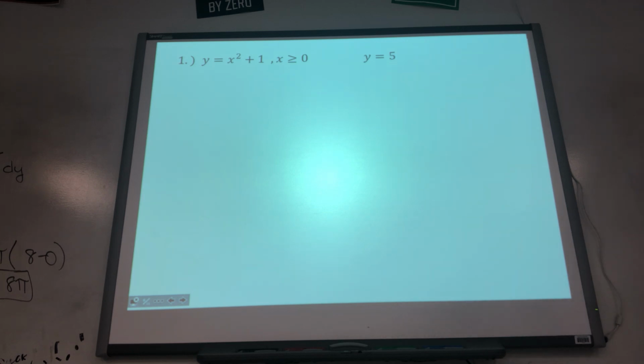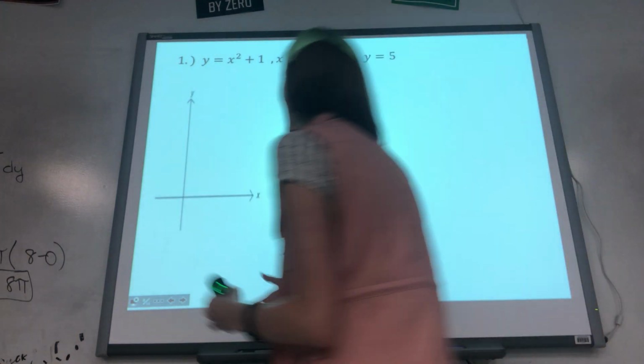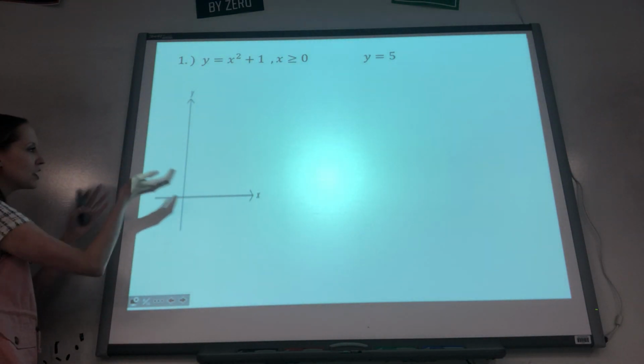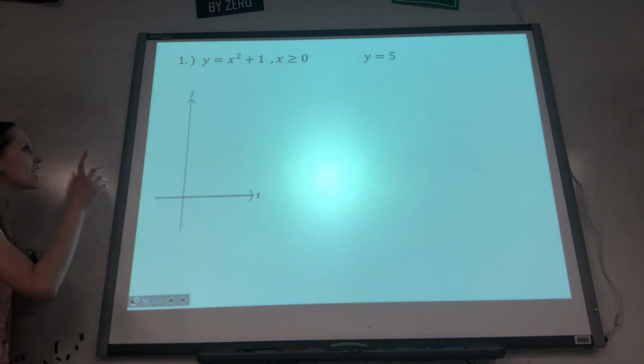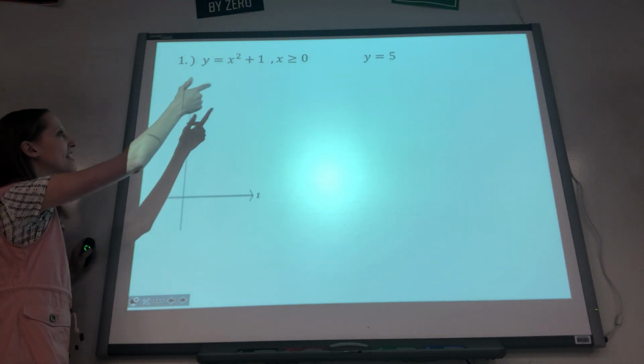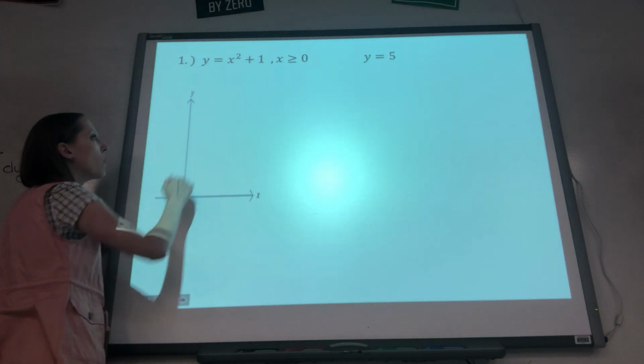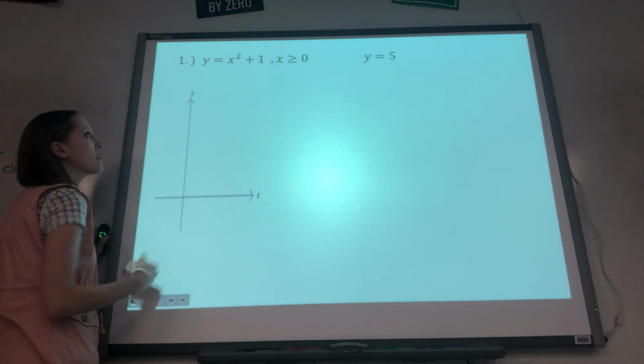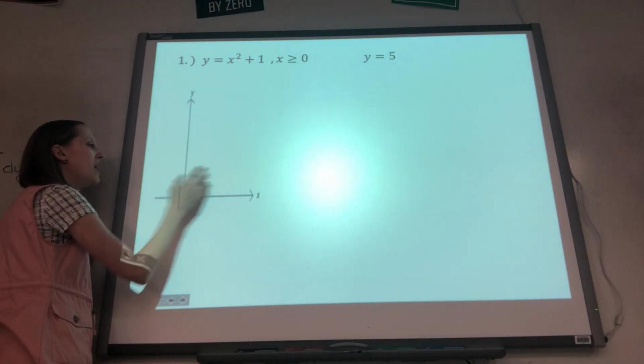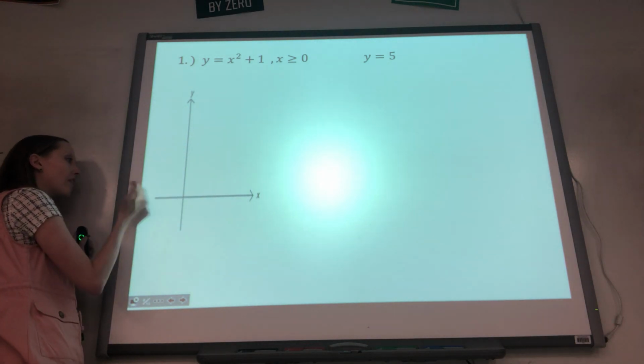Okay. Now, first thing we should really do is graph this. I've got a little part of a coordinate plane up here because I can already see what's happening. This first function is only good when x is greater than or equal to 0, so I didn't leave a lot of room on the left.